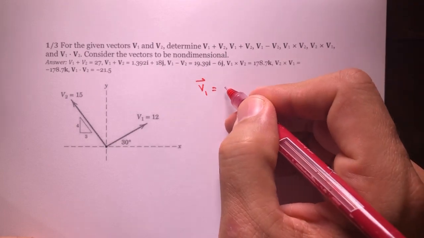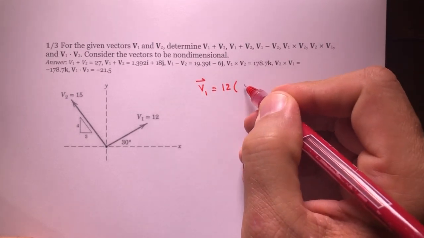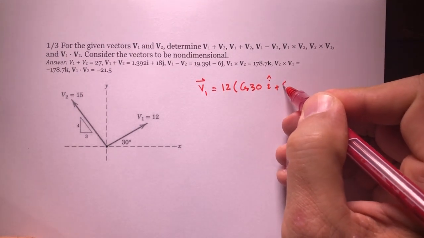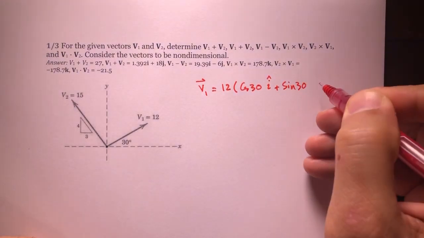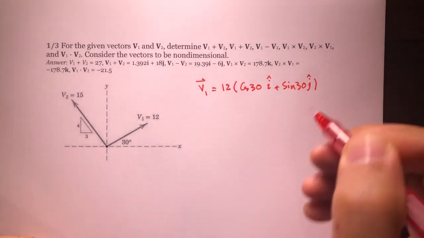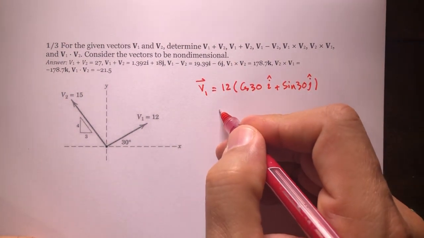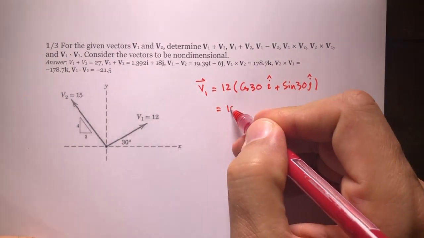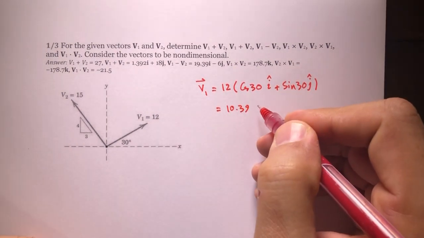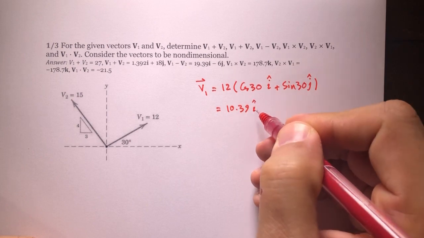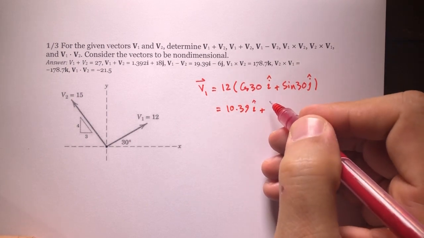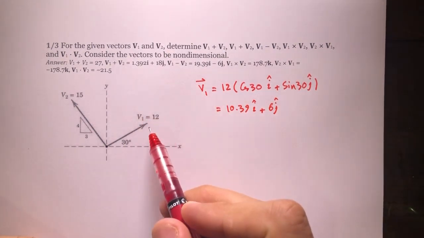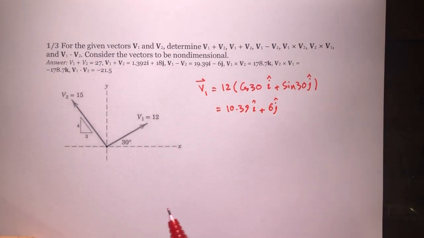So I can write it as 12 times cosine of 30 in the I direction plus sine of 30 in the j direction. Or if you calculate those sine and cosines and multiply 12 to it, it's going to be 10.39 in I direction or x direction plus 6 in the j direction. It doesn't have any units, so I'm not going to write any units here.